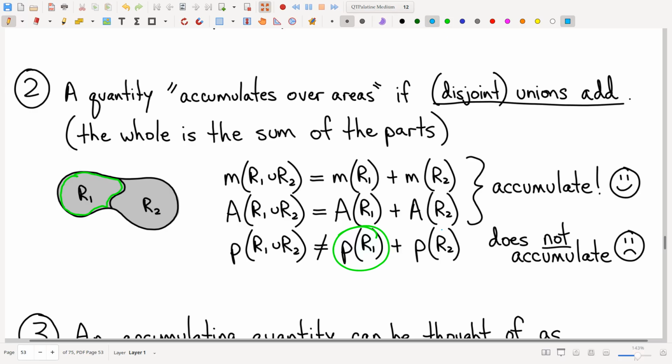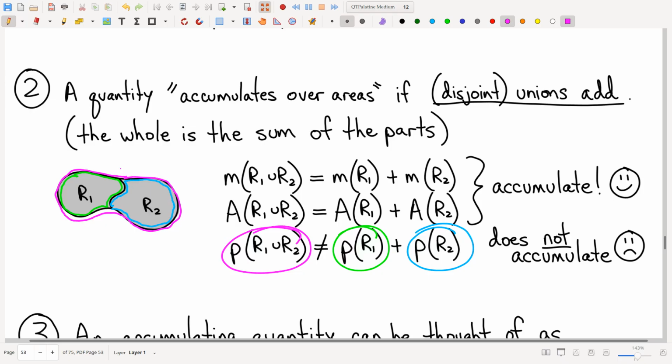And then we can look at the perimeter of R2, the right side here. And we can look at the perimeter of that union. And is green plus blue equal to purple? Nope. Just doesn't work. So perimeter is not an accumulating quantity. Everybody see what I mean there?